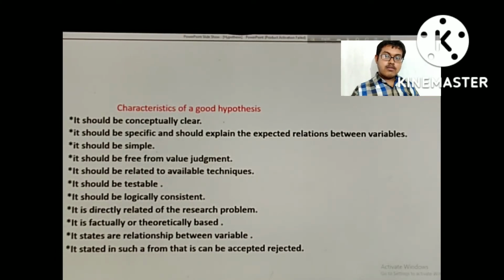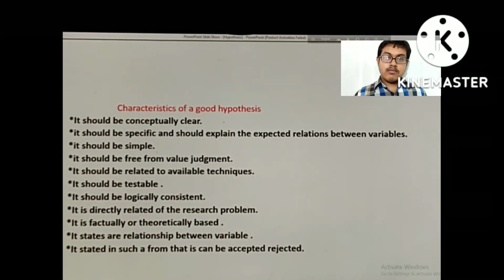It is factually or theoretically based. It states the relationship between variables. It is stated in such a form that it can be accepted or rejected.